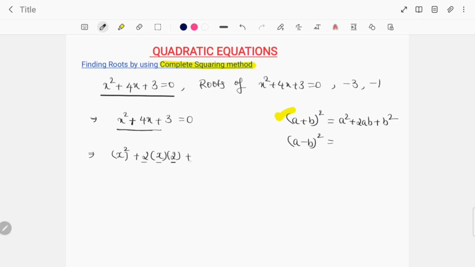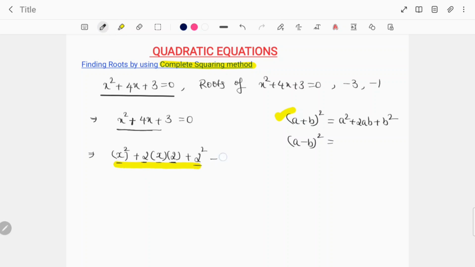So 2ab. Now here we will consider 2 as a constant. To become a plus b whole square, we have to write 2 square. Observe properly. A square means x square, 2ab means 2 times x times 2, which is 4x, and if we add 2 square, this complete expression will be a plus b whole square.